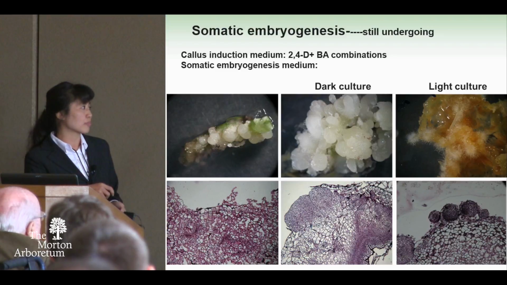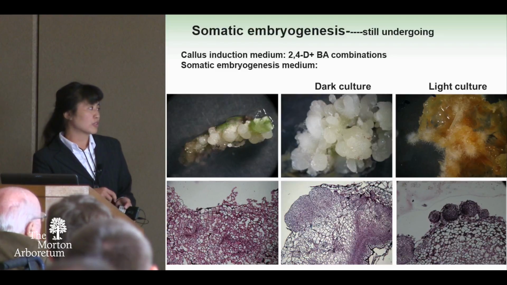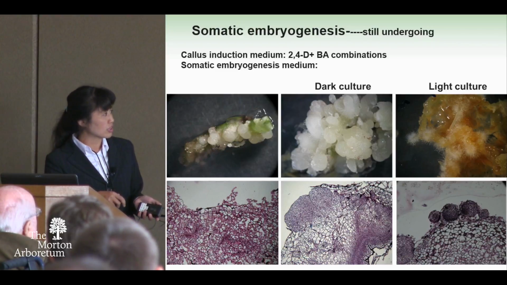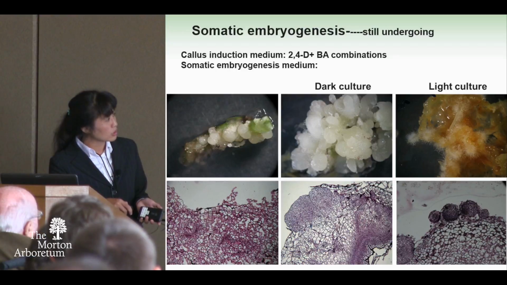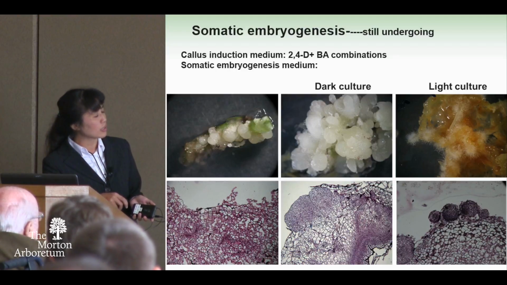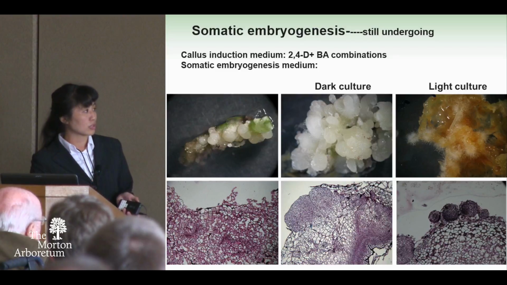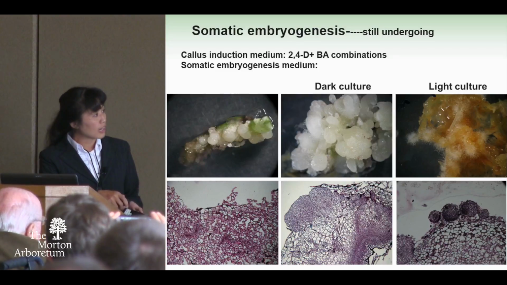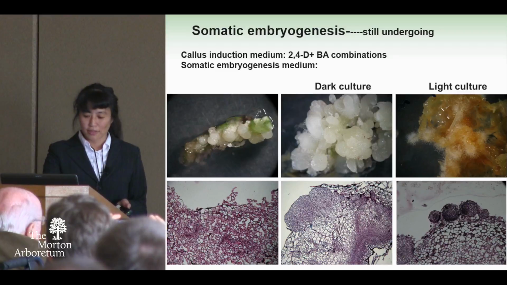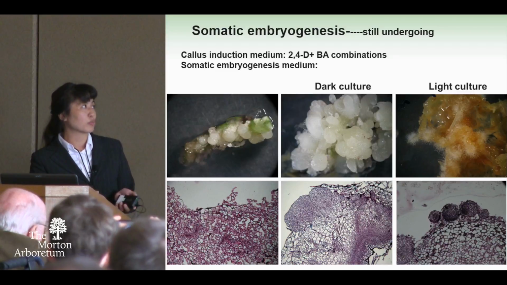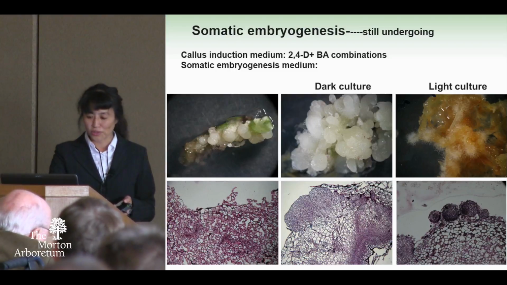We did some sectioning to observe which part of the parenchyma cells or callus produces the embryo, and we thought it's probably the second callus generation. It's kind of a globular embryo, but we're still not very successful because it stopped growing, and we're still working on that protocol.